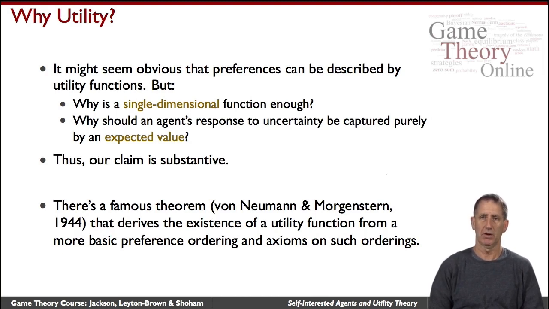But there's a very long tradition, and maybe the most famous reference is to Von Neumann and Morgenstern's seminal book, which is really in some ways the introduction to modern day game theory, that derives these utility functions from more basic assumptions one makes. And we won't go into that, but we just wanted to flag this issue as something that will underlie everything we say about game theory, and which really underlies modern game theory.